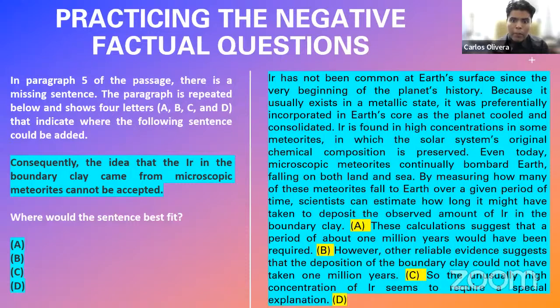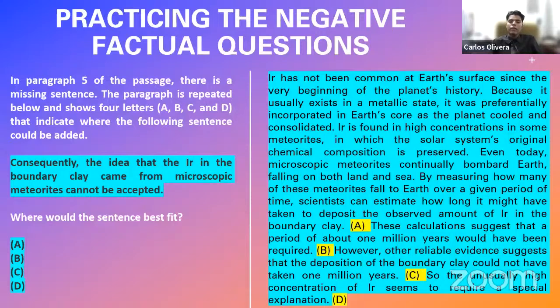Even today, microscopic meteorites continually bombard the Earth, falling on both land and sea. By measuring how many of these meteorites fall to Earth over a given period of time, scientists can estimate how long it might have taken to deposit the observed amount of air in the boundary clay.